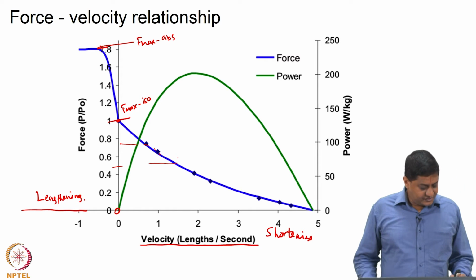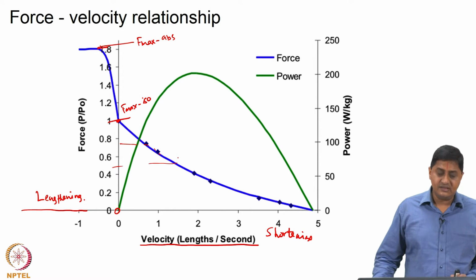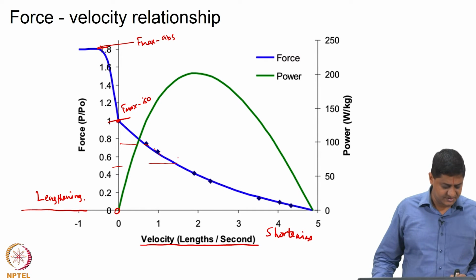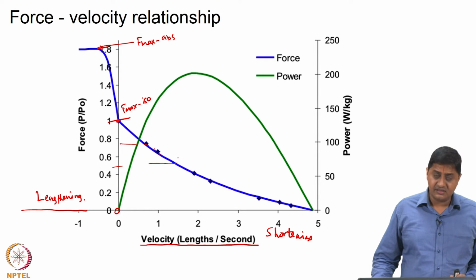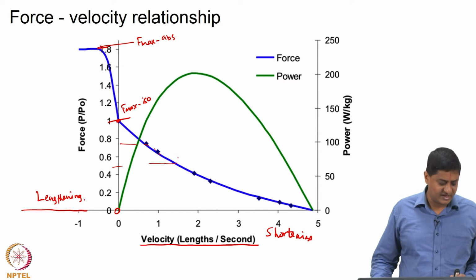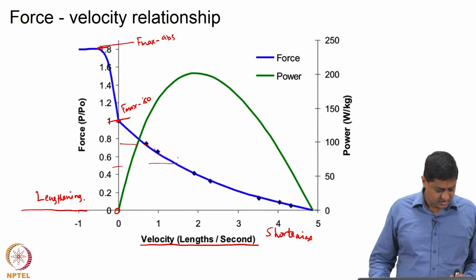So, why does the force reduce? As I said, the speed at which cross bridges can be formed reduces basically. There is a reduction in cross bridge displacement, and there is also a reduction in the ability of myosin to find active actin binding sites, right.